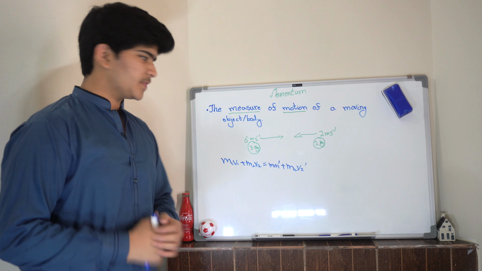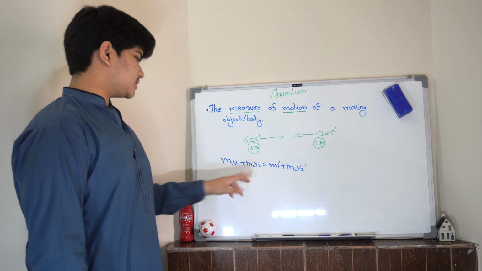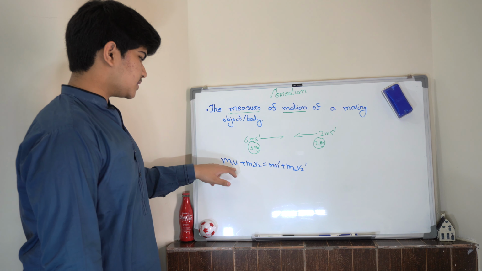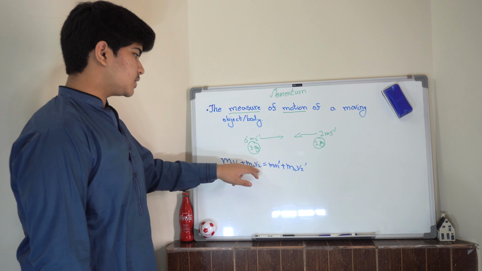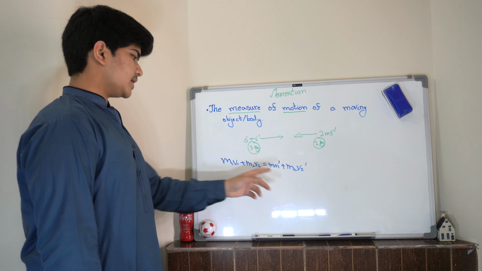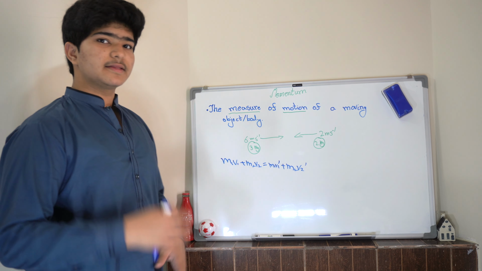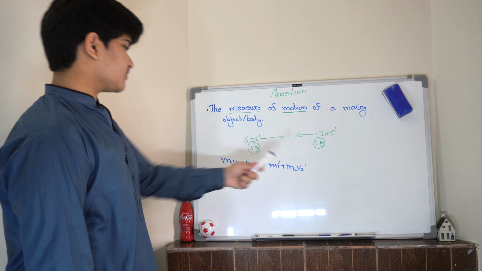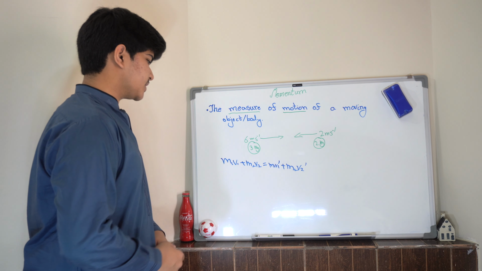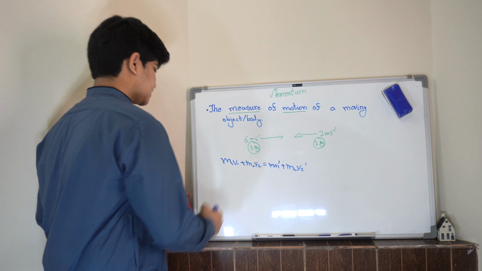What is this term prime? This prime is basically a new term, and this means this m1 v1 and this m2 v2 is basically the momentum of the bodies before collision, and this v1 prime and v2 prime are basically the velocities of the bodies after they have collided together.